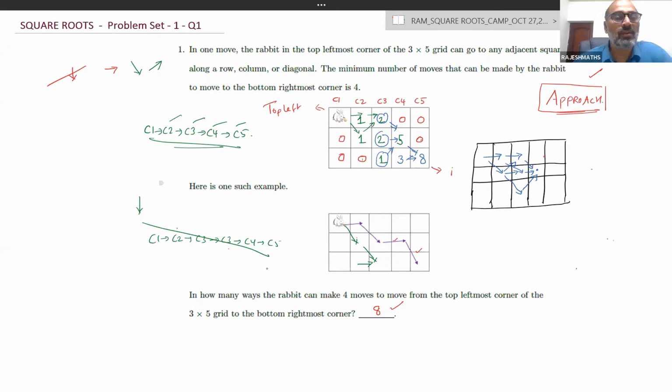Because if the rabbit has come here, it should come from diagonally like this, or diagonally up, or right. That means we have to count the number of paths for the previous cell. Again, we should keep on going backwards, and therefore we fill every cell by a weightage. That will help you find how many ways it can reach that cell. And finally, through that, it can go to the destination, which is going to be 8.